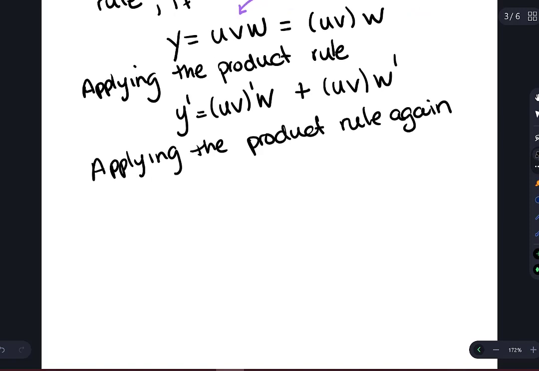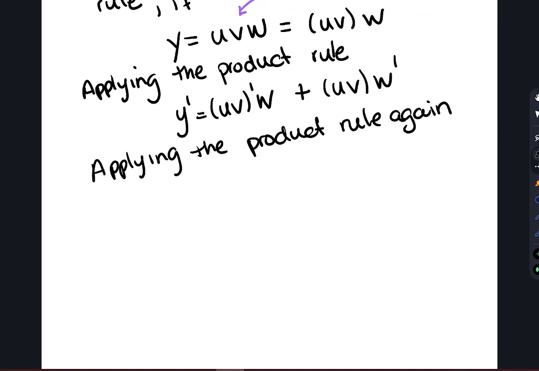And if we apply the product rule again, notice that y prime is going to be equal to, well, I'm going to use the product rule to find the derivative of u times v.